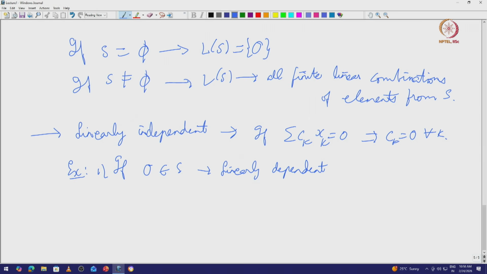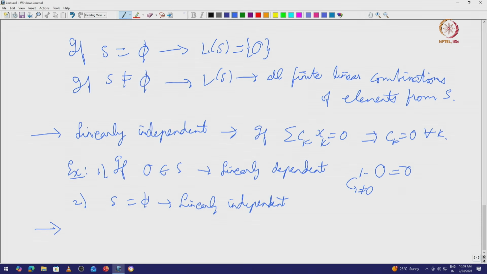Why is it linearly dependent? Because 0 is in S, and for example 1 times 0 is 0, but 1 is not 0. So that means the set is linearly dependent. If S is empty, then this is linearly independent. Why? Because there is nothing to check. It's vacuously so.